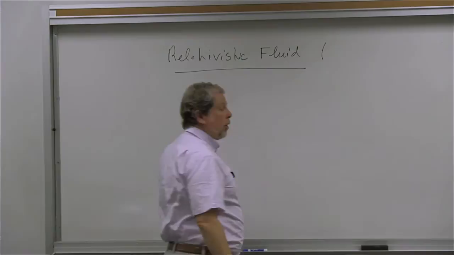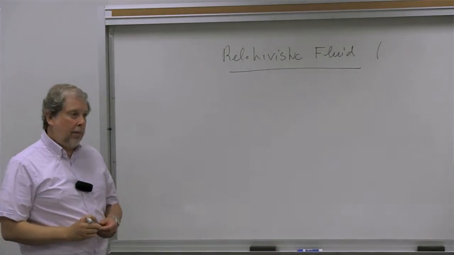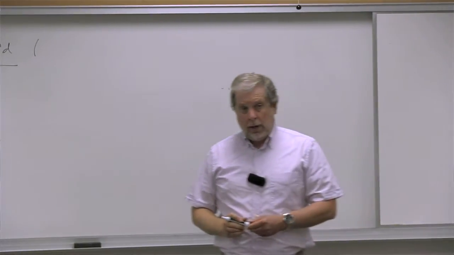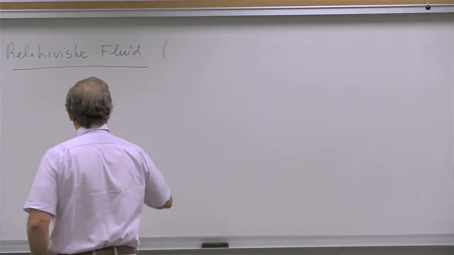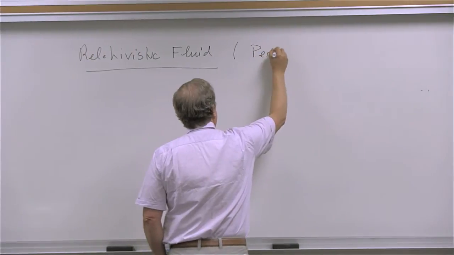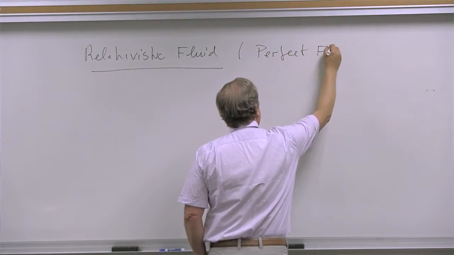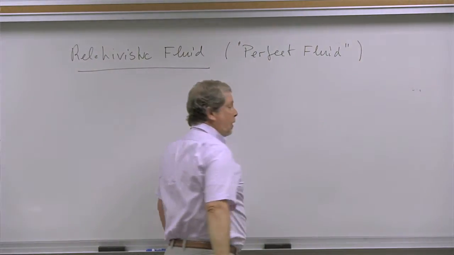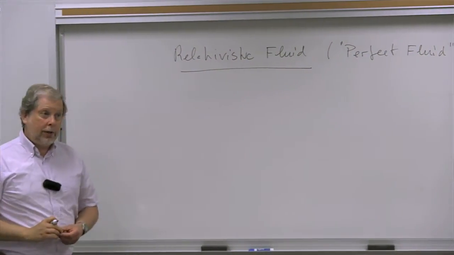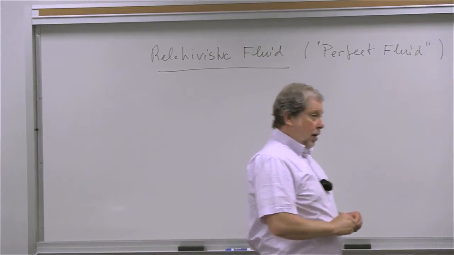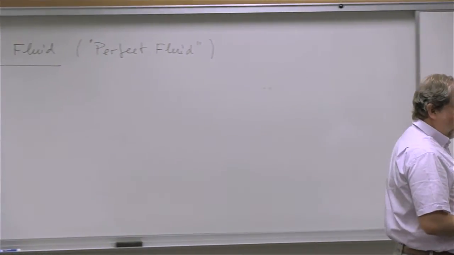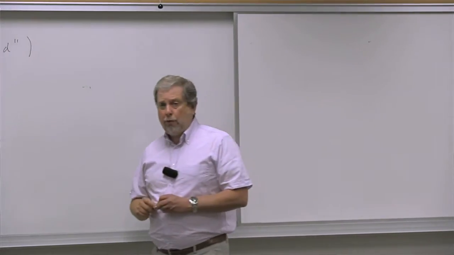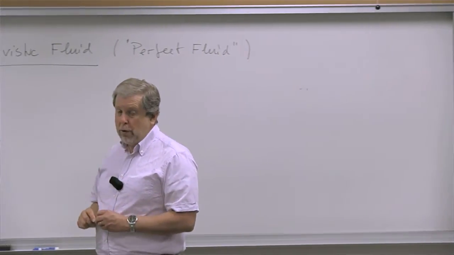Well, obviously we don't want to do the general theory because the topic of fluids can be a long and complicated one, so all we want to discuss here is the simplest instance of a fluid, which is a so-called perfect fluid. A perfect fluid is a fluid that doesn't have viscosities, shears, and so forth, and you might think that that's a little bit idealized, but no, that is the kind of fluid that can be used as a lowest order approximation for the behavior of matter in the universe.